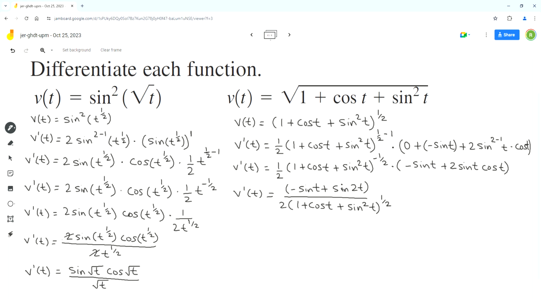So the exponent negative half became positive half because we moved that expression to the denominator. Now we can change the rational exponent half to the square root.